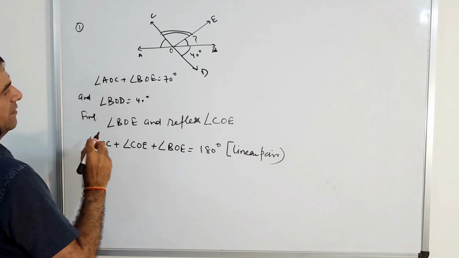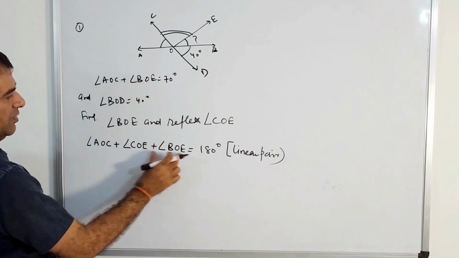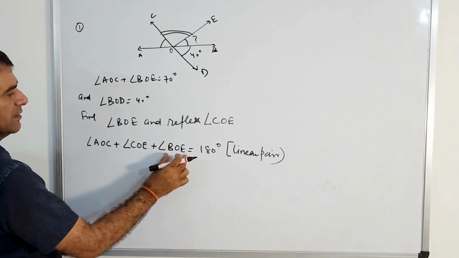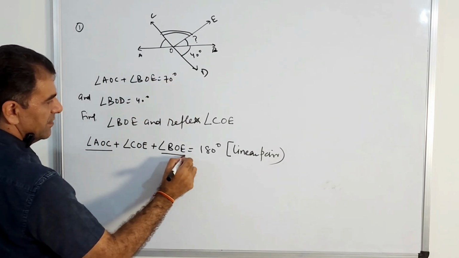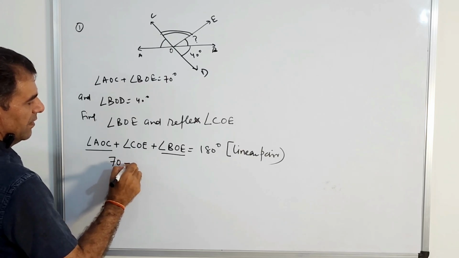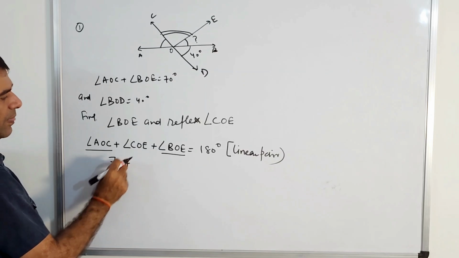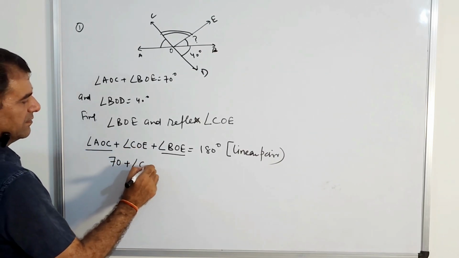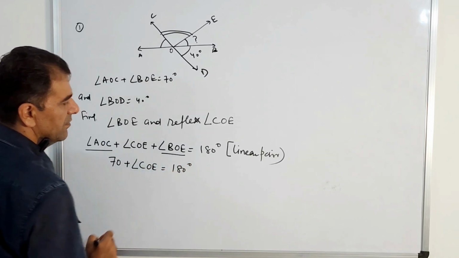Okay. But what is angle AOC plus BOE? AOC plus BOE is nothing but 70 degrees. So this plus this is 70. So we wrote 70 plus angle COE equals 180 degrees.